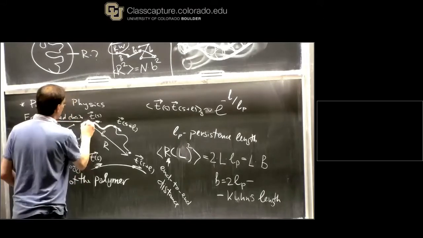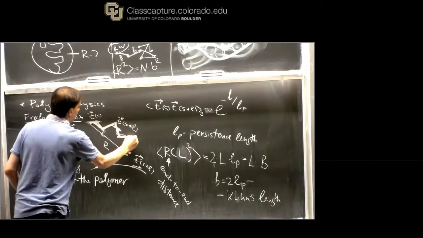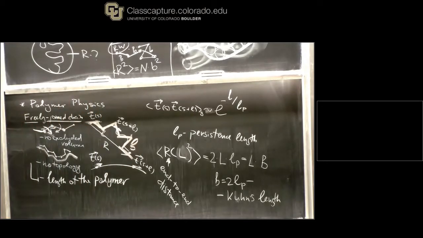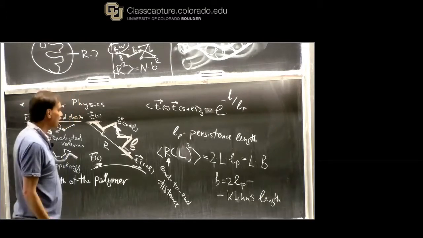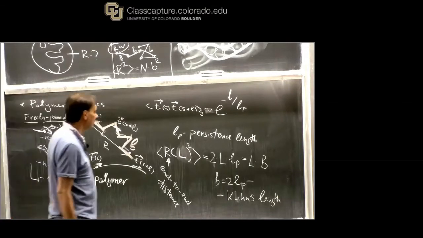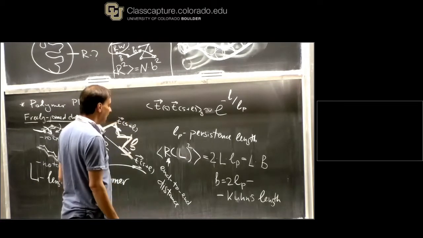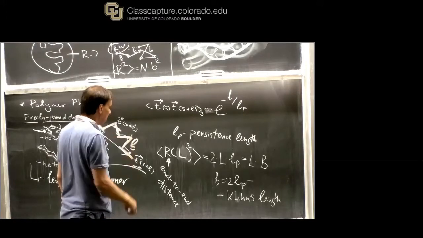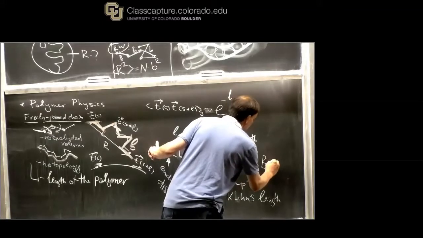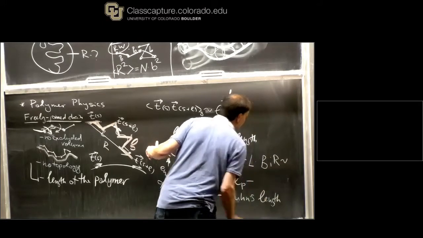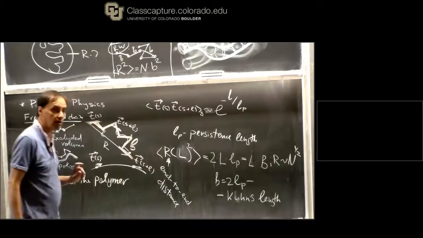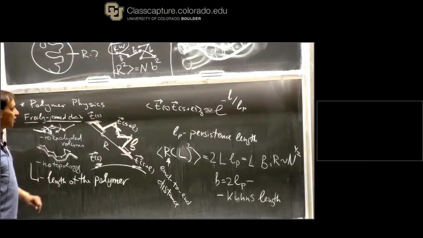I can approximate this by things of size B. The scaling here is useful because generally R will scale as n to 1/2. This is a freely jointed chain.